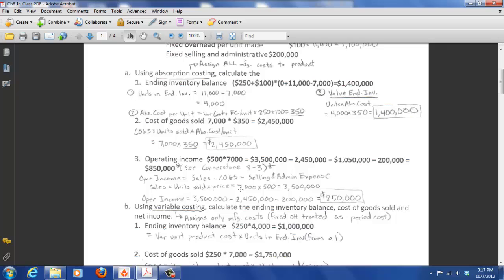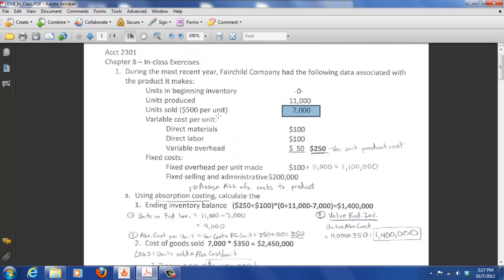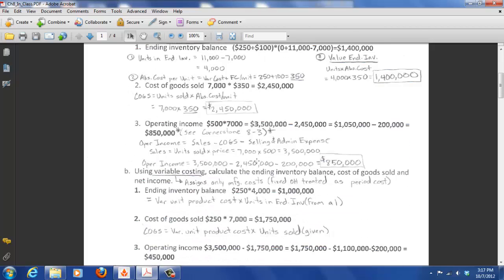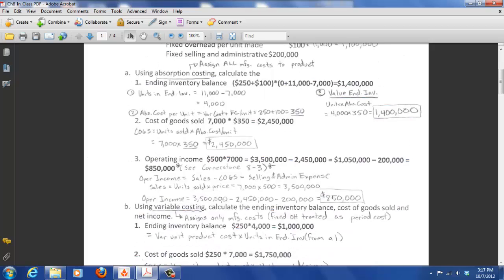All right, so we know that there are 7,000 units sold. If we look back up to the problem, the units are $500 per unit when we sell them. If we make that multiplication, we can see that the cash coming into the company was 3.5 million for those units sold. From here, we have the rest of the pieces of the puzzle to fill in the top equation for operating income.